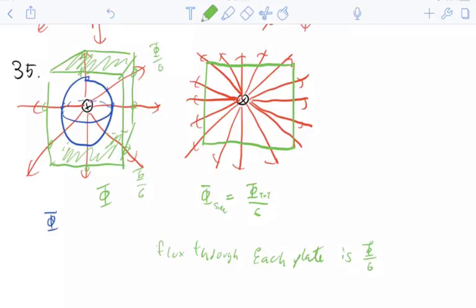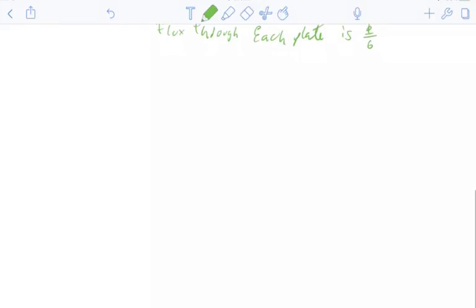This side has the same flux going through it as this side does, and that has the same flux going through as that side, because it's a cube centered on the midpoint. So even though you can't calculate the flux using the electric field, you can still calculate the flux using symmetry. So yeah, that's fun, right? I had fun. Let's do question 36.